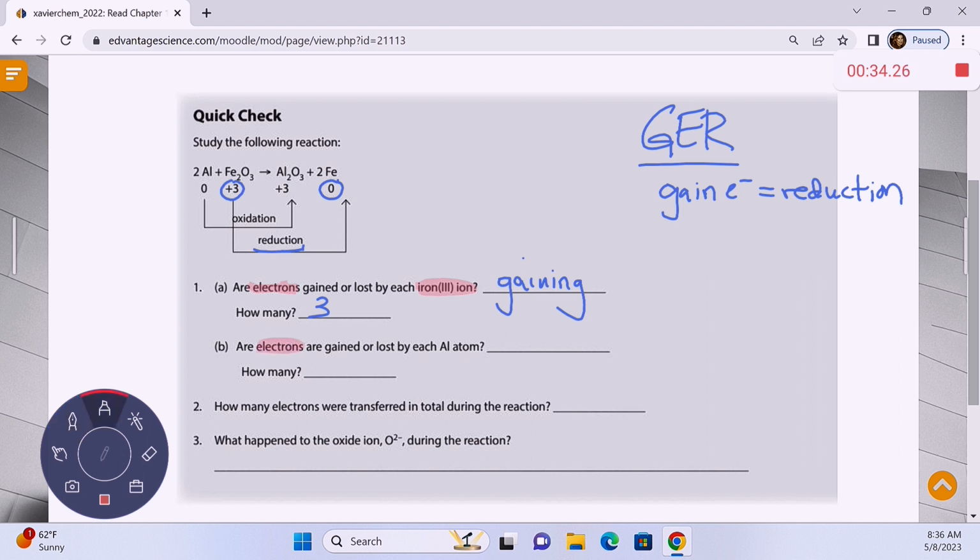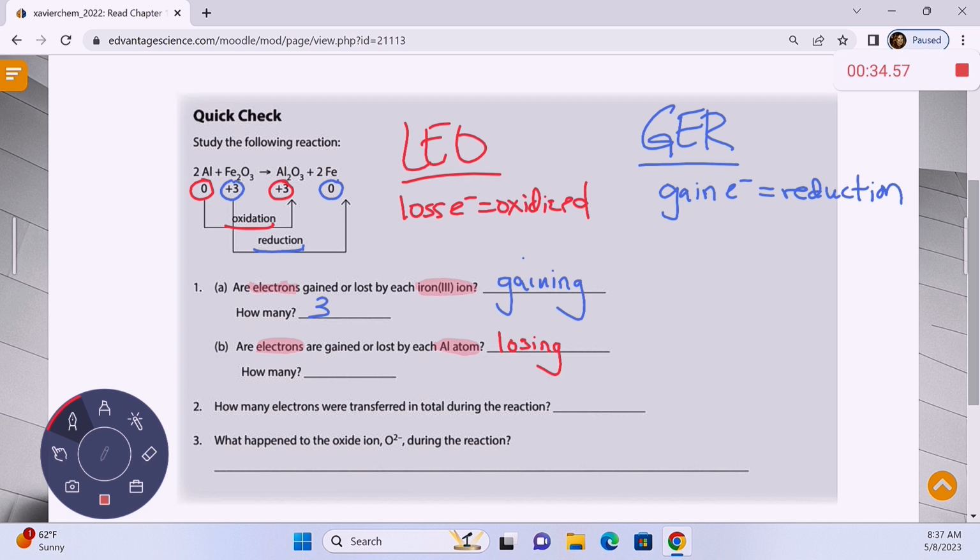How many electrons are gained or lost by each aluminum? Okay, so aluminum is going from a 0 to a +3 oxidation number. It says we're undergoing oxidation. Remember that LEO is loss of electrons, means we're being oxidized. So we are losing.